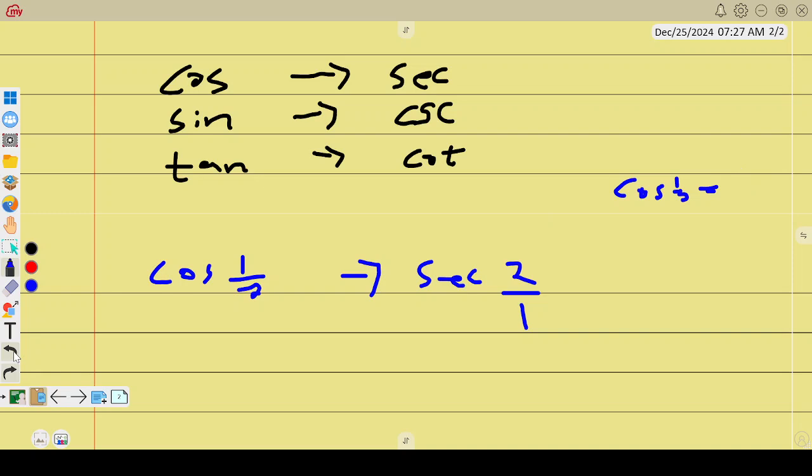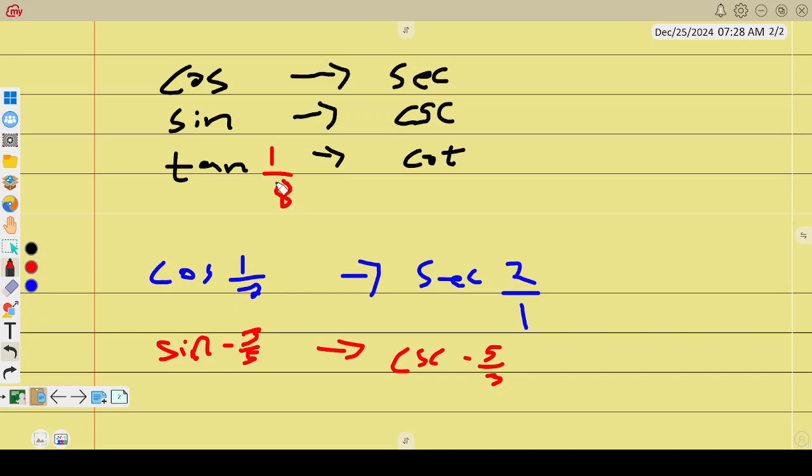So this is the relationship when we have fractions. Even sine: if you have sine negative 3 over 5, sine goes with cosec. It will be cosec negative, the negative just stays in front, and then we have 5 over 3. And if you have tan 1 over 8, it is just cot 8 over 1. Alright, we have introduced the 6 trig ratios.